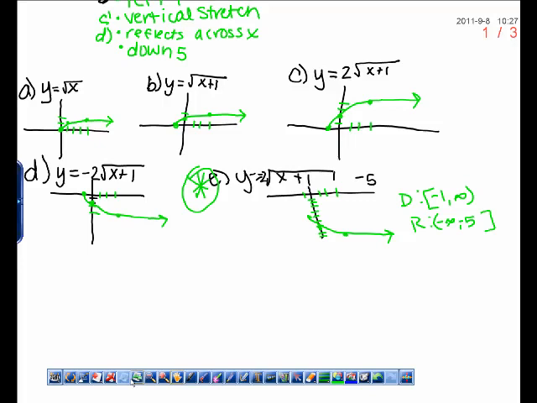Negative 7. So let's try it. If I plug in 0 for x, 0 plus 1 is 1. Square root of 1? 1. 1 times negative 2? Negative 2 minus 5? Negative 7. Okay? It's really important at the end, because think how many steps we went through and how easy it would have been to go the wrong way or to mess up. Right? Pick one of your points on your graph, plug in the x, make sure you get out the y you had. Okay?